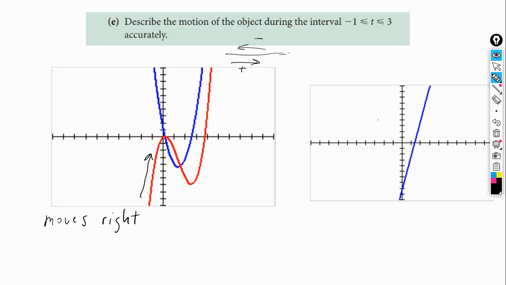Notice that the velocity is working against the displacement. As the displacement increases, the velocity decreases. So we would say moves right with decreasing velocity.